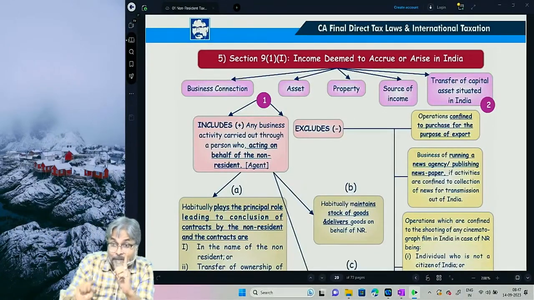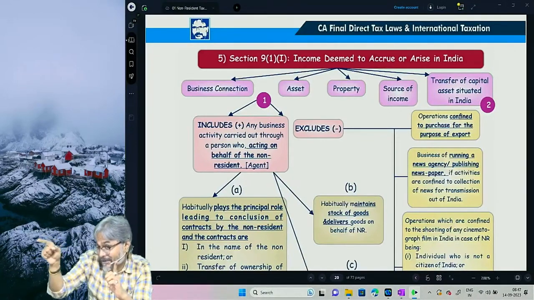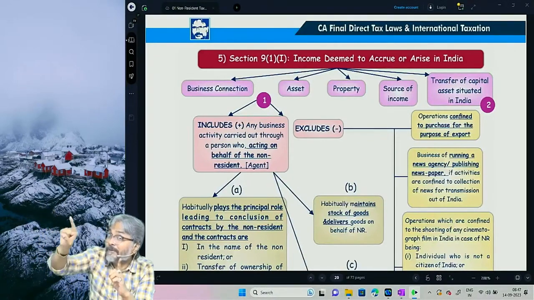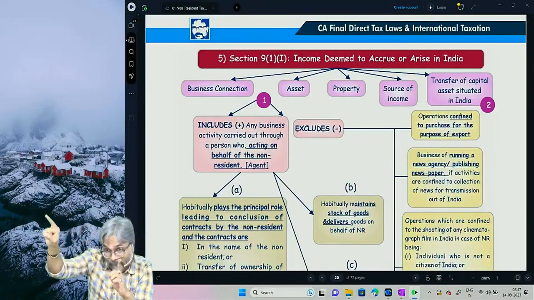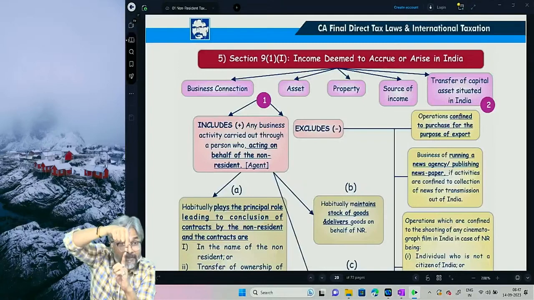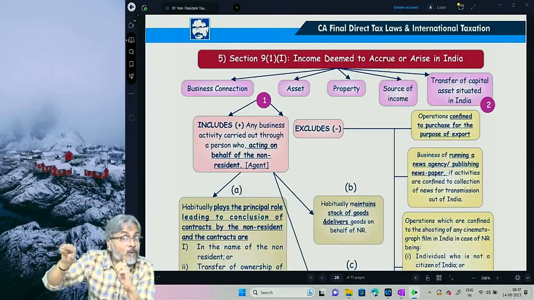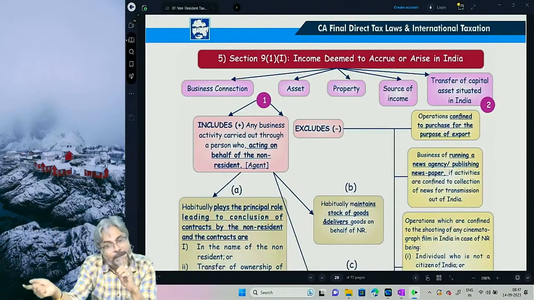Section 195, why? Because it sets the obligation on whom? On the payer of the amount, the one who makes the payment to a non-resident. So 195 sets out the obligation on the payer of the amount to deduct the TDS.